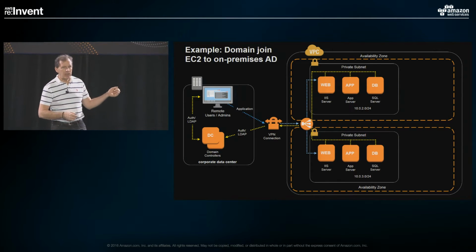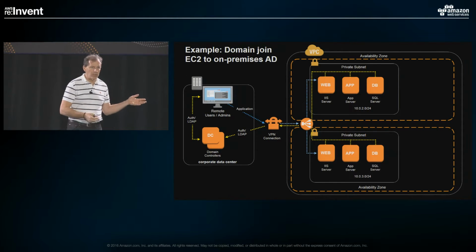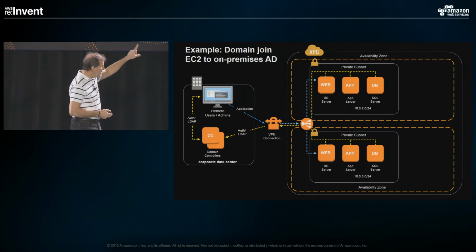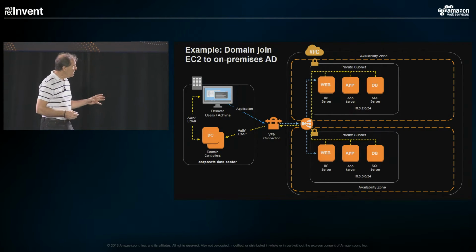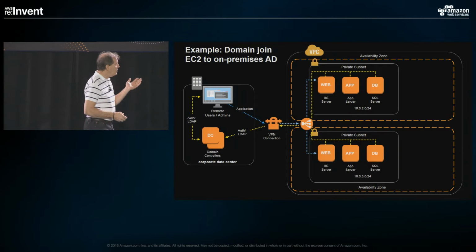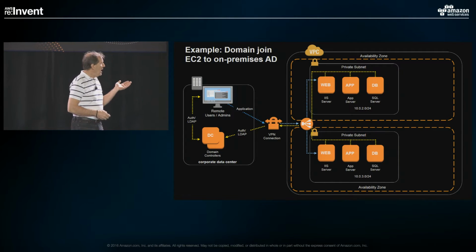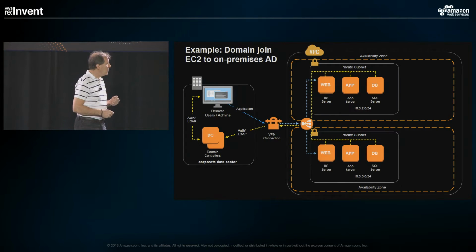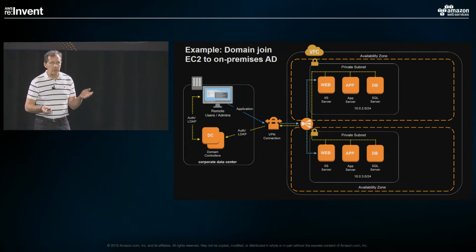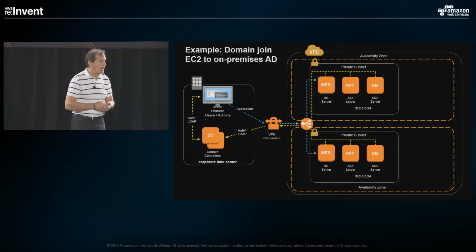They're doing authentication, authorization, other LDAP kind of queries to those domain controllers in that yellow dotted line on the left. Now, in this situation, what you do is you create a VPN connection or a Direct Connect connection to a VPC in the cloud, and then you can stand up things like IIS server, SQL Server, or .NET applications that you have that need Active Directory access.